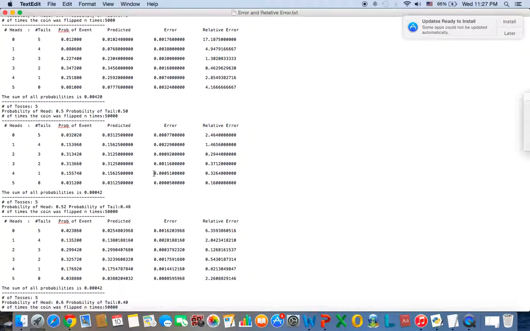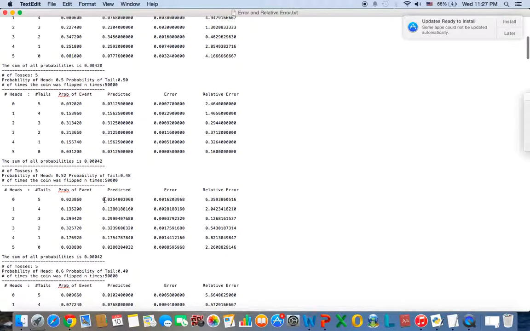However, when it's fair, the prediction is symmetric, it just comes out exactly as the computer computed by the formula.